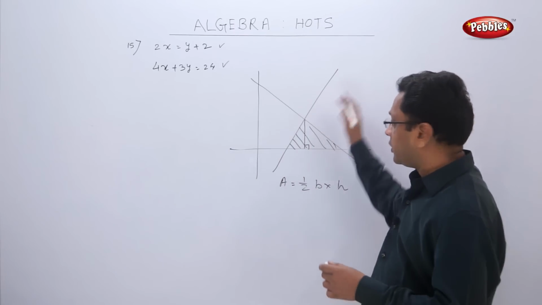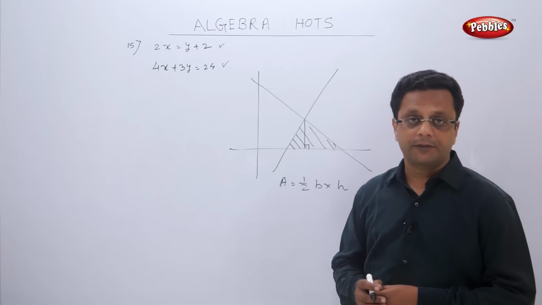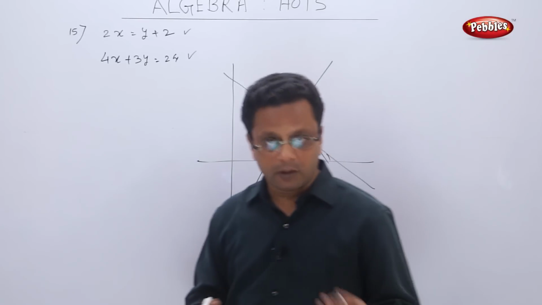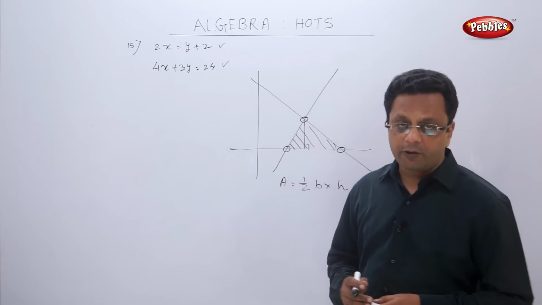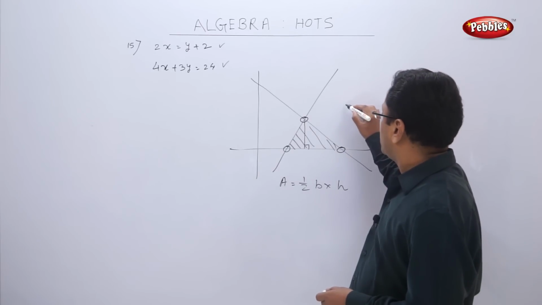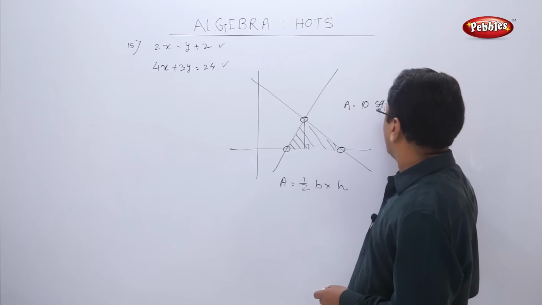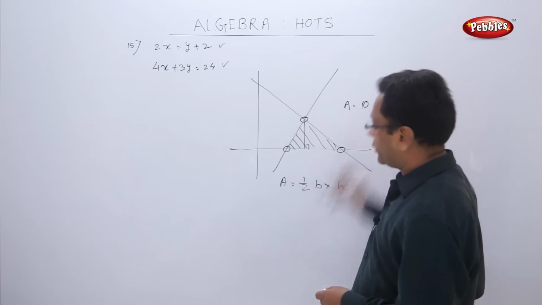Even though you know everything, you will lose your marks. So please pause your video and solve this example. Please check your answer. The answer is area is equal to 10 square units.